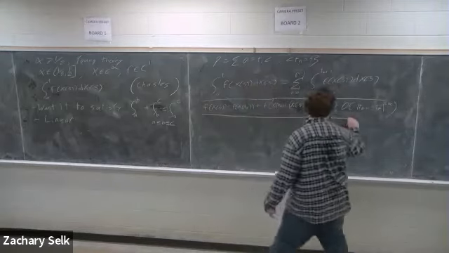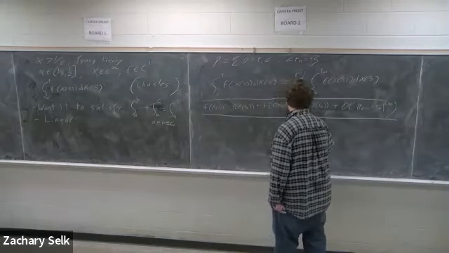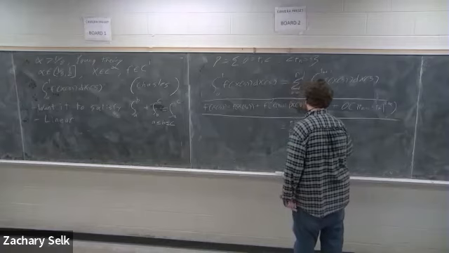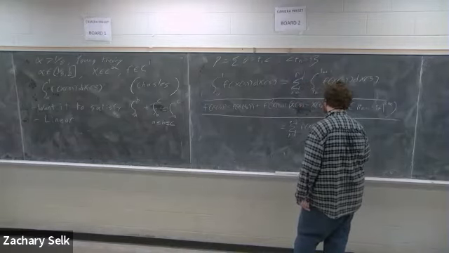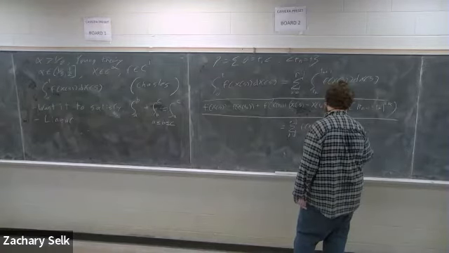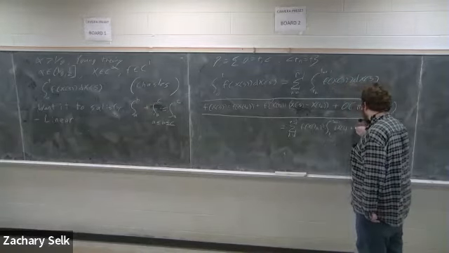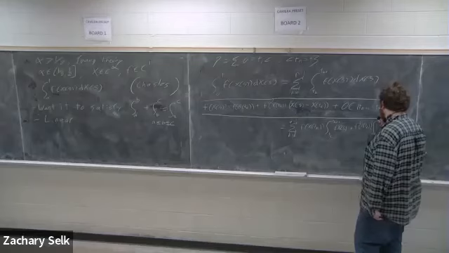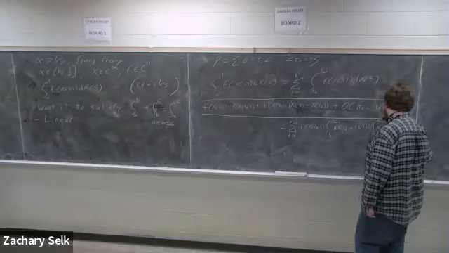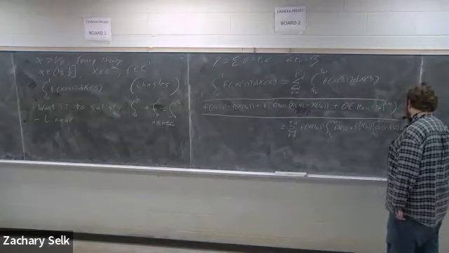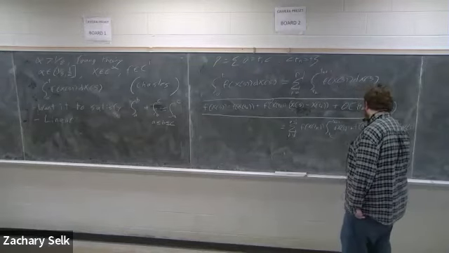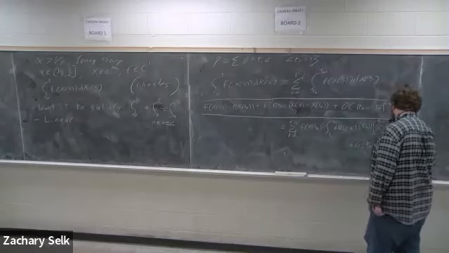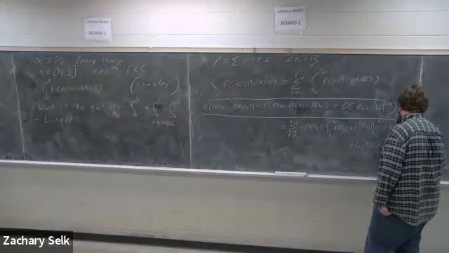And we end up getting that this guy is equal to the sum of F of X of TK times the integral from TK to TK plus 1 of dX of S, plus F prime of X of TK times the integral from TK to TK plus 1 of X of S minus X of TK, dX of S, plus a remainder term, TK plus 1 minus TK to the 2 alpha times the integral from TK to TK plus 1 of dX of S.